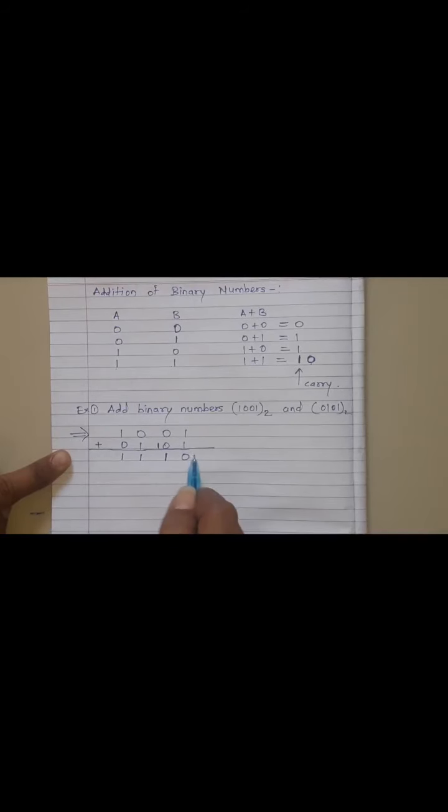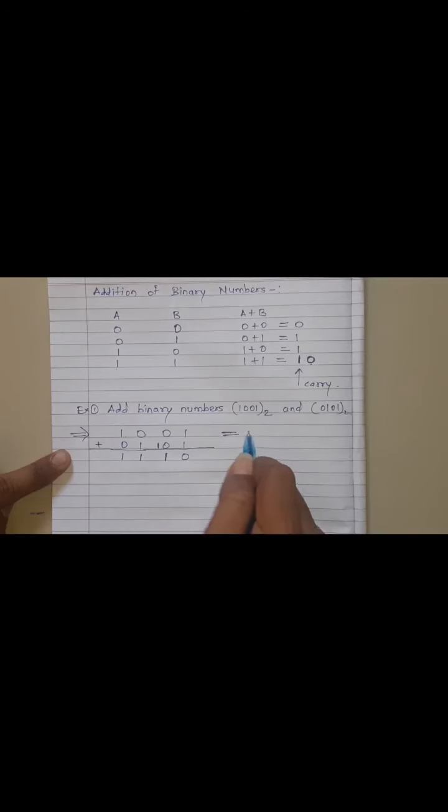Now, this is the binary number. What is the decimal number of this number? This number 1001, its decimal number we can calculate here. How can we calculate?